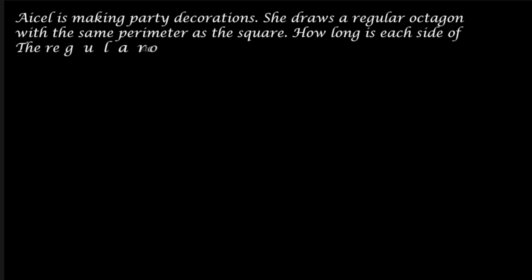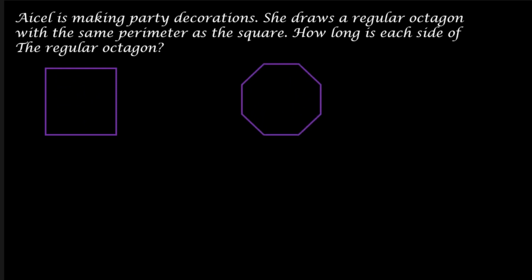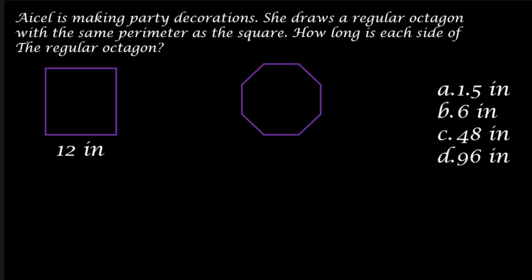Another example, Aicel is making party decorations. She draws a regular octagon with the same perimeter as the square. How long is each side of the regular octagon? We have here a square and an octagon. The square has side length 12 inch.